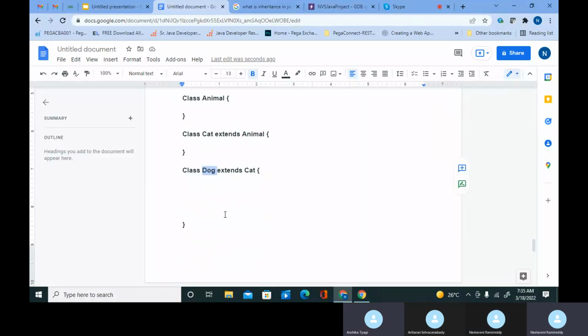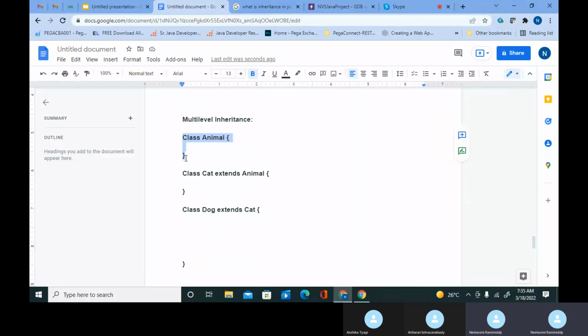So this way of levels of inheritance we call multi-level inheritance. One parent class is there, this parent class may be extended by another class, and that class may be extended by one more class. Here we simply used animal, cat and dog. In our application, you may see different levels of inheritance.